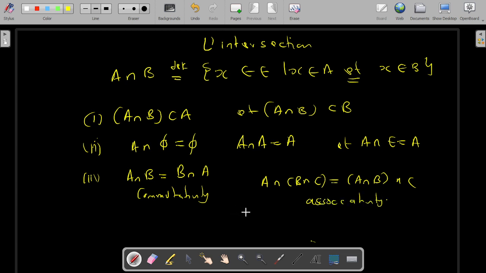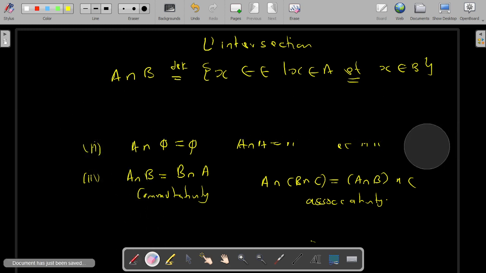Now, the last property that we're going to talk about is distributivity. Since we've talked about the union and the intersection, let's now talk about distributivity. We are going to see that the union is going to be distributive with respect to the intersection, and the intersection is going to be distributive with respect to the union.